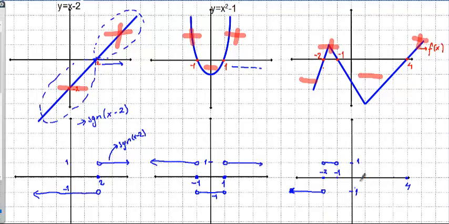Between -1 and 4, the function is negative, so the function is going to be -1.